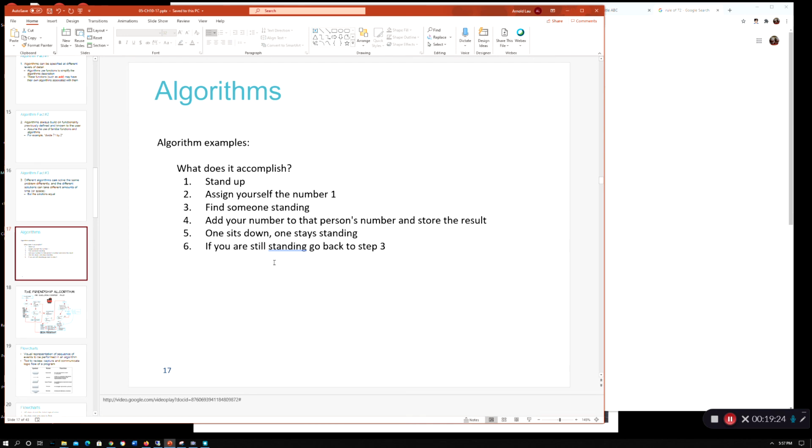Now, I could do something different. Maybe I stand up and I say, okay, everyone is going to pass their number. We're still going to have everyone pick their number to be 1. But everyone is going to look to the right and get a number from the person to the right, and then add it to their own number.